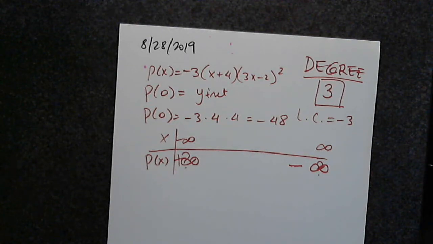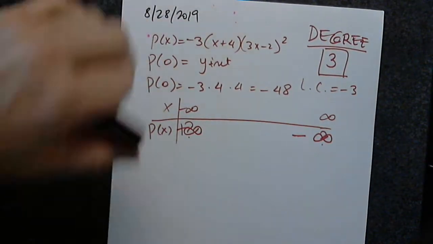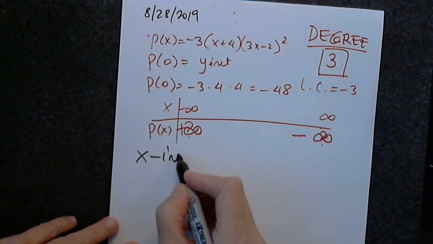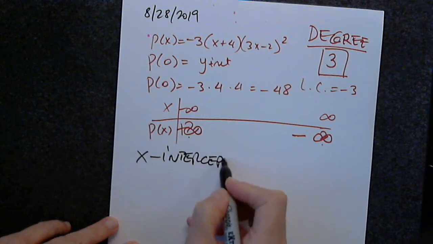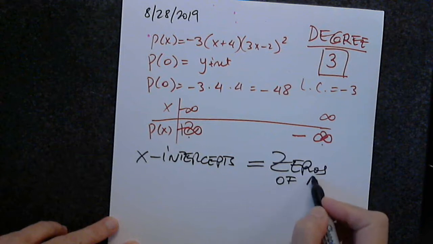Okay, determine the zeros of P and their multiplicities. What did we say the zeros represent? Very good. X-intercepts or zeros of a function.